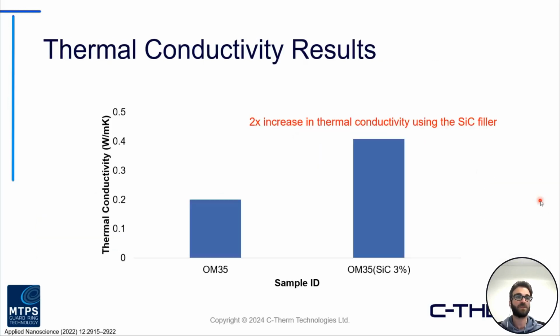And quickly looking at the thermal conductivity results that were obtained for the OM35, as you would expect, the one that had the 3% weight loading of silicon carbide did introduce an increase in thermal conductivity, about 2x compared to their base control. So, like I said, when we're looking at these different applications, there will be a lot of similarities and trends that are observed and things that are done to overcome these challenges.